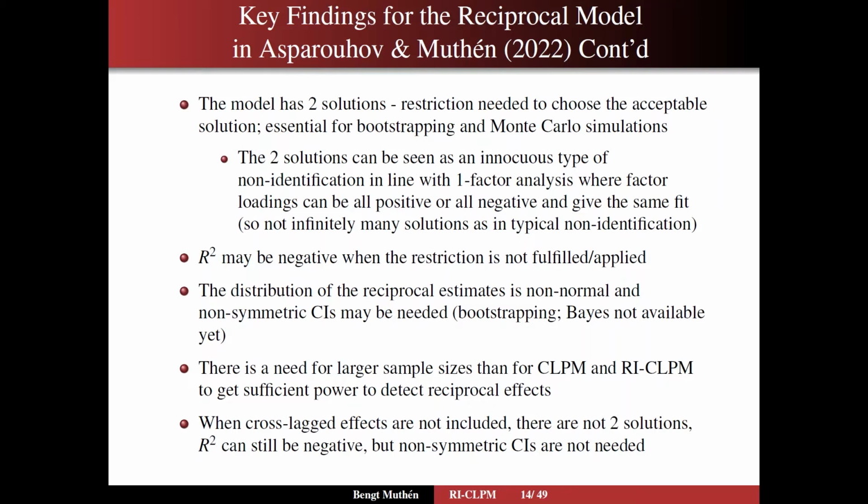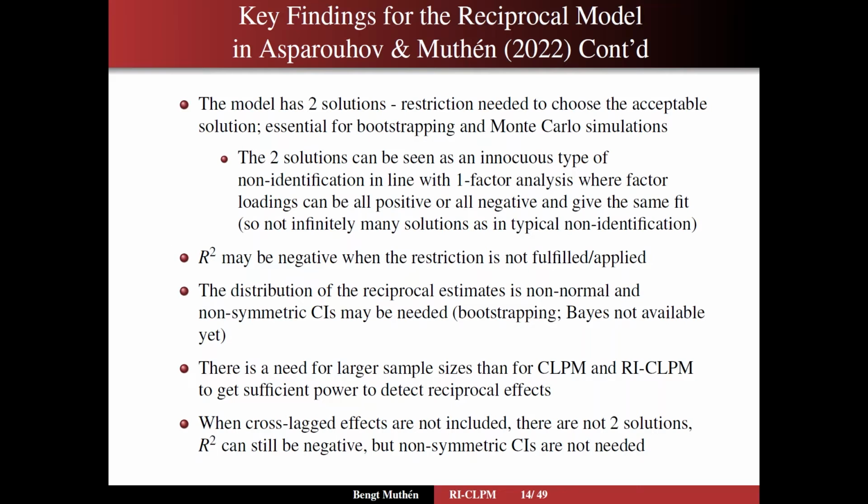So you don't have infinitely many solutions as in typical non-identification, but you have distinct sets. In this case, for the reciprocal model, you have 2 sets. Now, another consideration is that R squared for some of the within equations may be negative when the restriction is not fulfilled or applied.